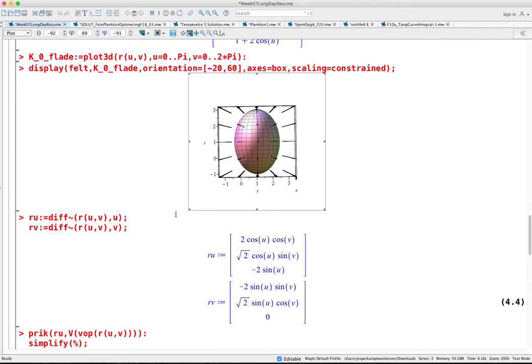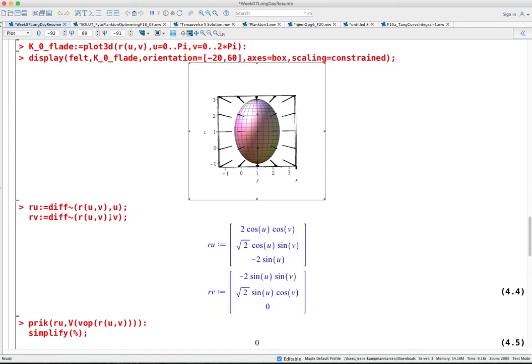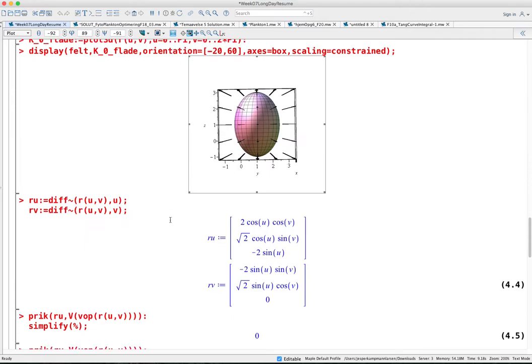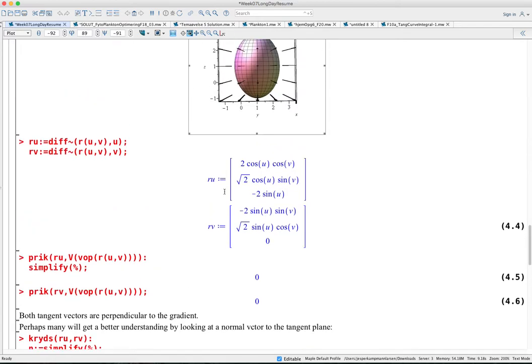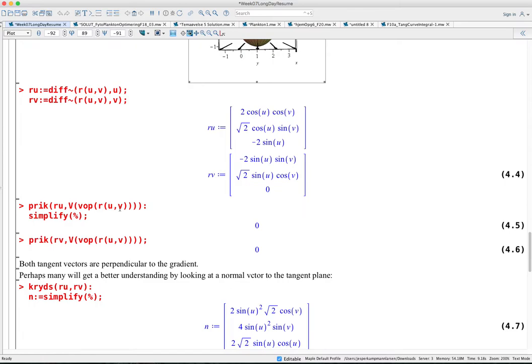Then again, you can compute the tangent vectors to the surface. This is done by differentiating the parametric representation with respect to u and with respect to v, and you get that. And you can easily show that these tangent vectors are perpendicular to the vector field itself.